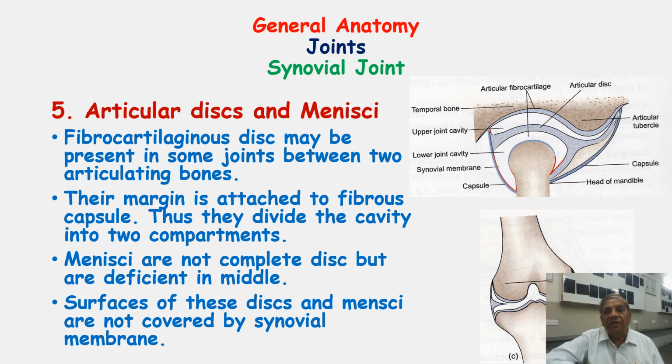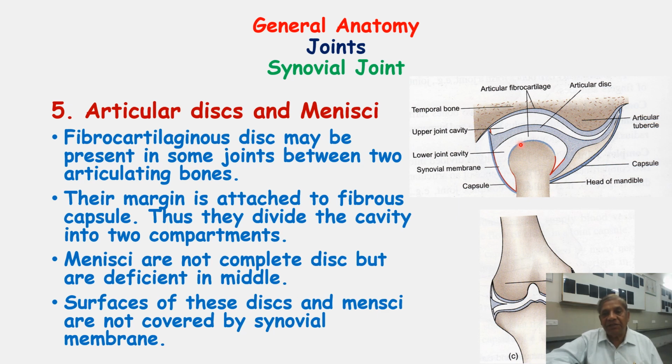Hence this disc divides the joint cavity into two, as you are seeing here. This articular disc is made up of fibrocartilage, not hyaline cartilage, which we have just seen covering the surface of the bone. See here, the articular cartilage is here, but this blue colored disc is fibrocartilaginous in nature, and it divides the joint cavity within the capsule and the true ligament into two different compartments.